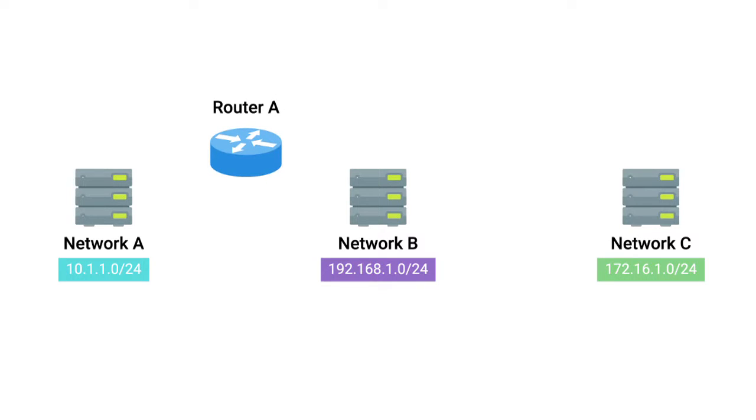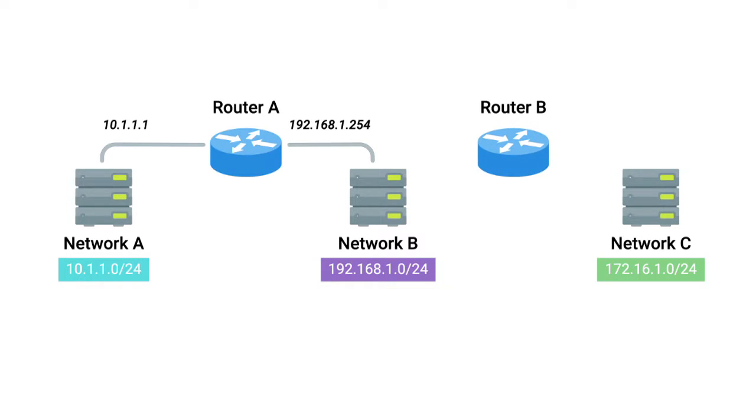Router A sits between network A and network B, with an interface configured with an IP of 10.1.1.1 on network A and an interface at 192.168.1.254 on network B.